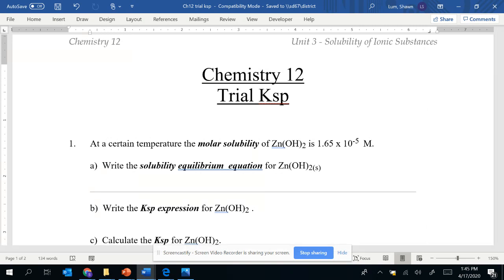At a certain temperature, the molar solubility of zinc hydroxide is 1.65 times 10 to the negative 5 molar. Write the solubility equilibrium for this.